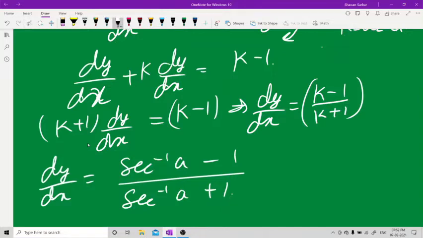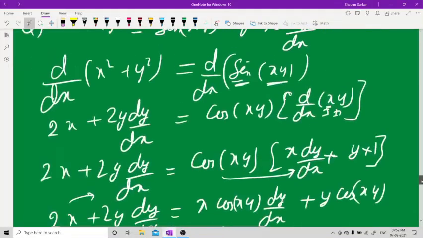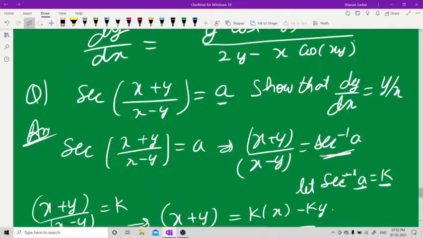Now we just found out here. You will see sec inverse a is k, but sec inverse a is also (x plus y) upon (x minus y). So in place of k, I wrote sec inverse a, and sec inverse a is (x plus y) upon (x minus y), so in place of sec inverse a, I have to write (x plus y) upon (x minus y).